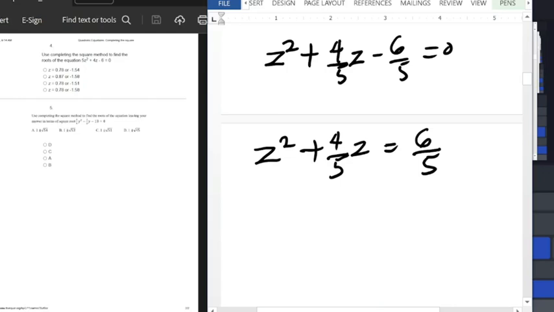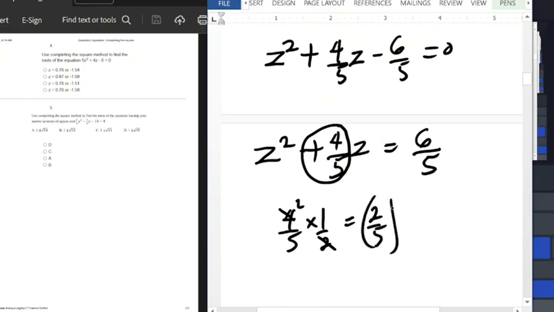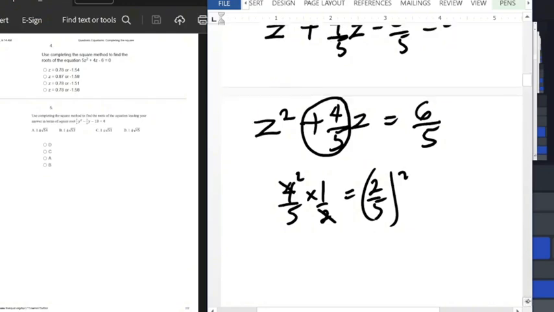The next stage now is to add the square of half of the coefficient of z to both sides. Half of 4 over 5 is times 1 over 2. That gives us 2 over 5. Then the square of it will be added to both sides.